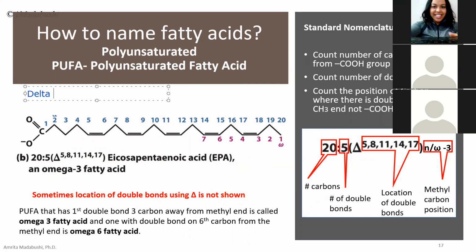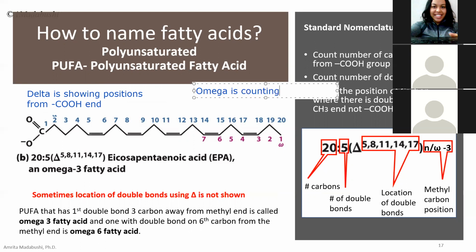Someone asked me a question or a clarification on this one. So I'm just writing delta is showing positions from the COOH end. So when you are showing delta, that means you're counting number 5, number 7, all from the COOH end. And what is omega?